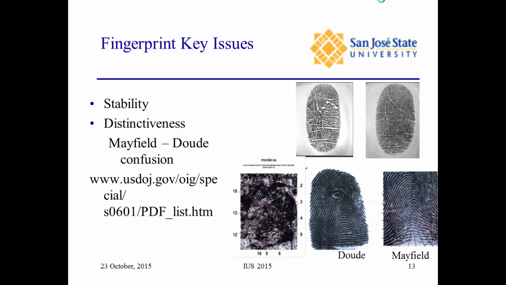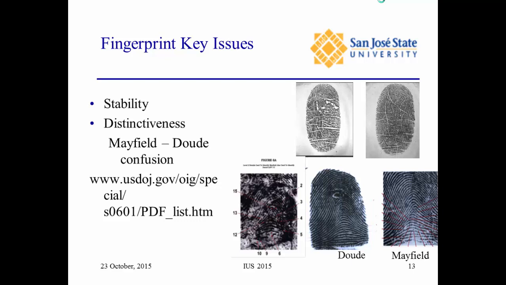On the left is a fingerprint from a plastic bag used in a terrorist bombing at the Madrid train station that was unfortunately connected here with Brandon Mayfield on the far right, when in fact the fingerprint was from Ouhnane Daoud in the middle.